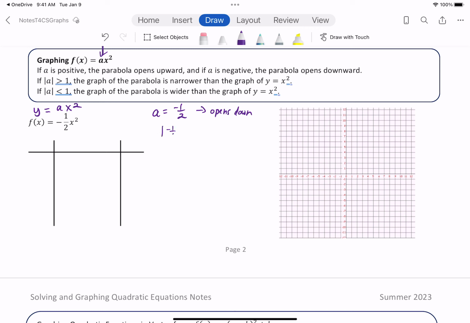And if I take the absolute value, it is less than 1. It's a fraction. So that means that this graph will be wider than the parent graph. All right?